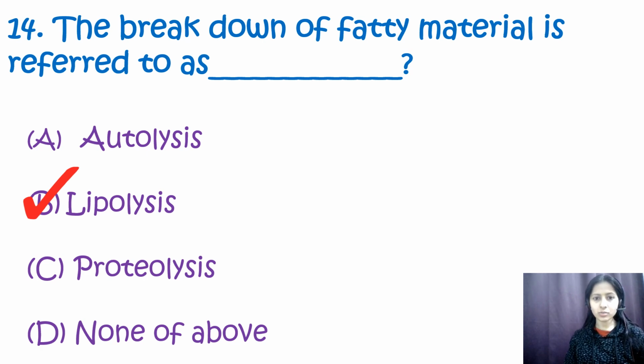Lipolysis is a process in which triglycerides are hydrolyzed into glycerol and free fatty acids, and this process is catalyzed by an enzyme known as lipase. Autolysis and proteolysis we have just discussed.